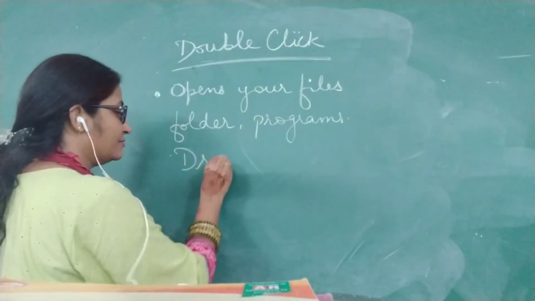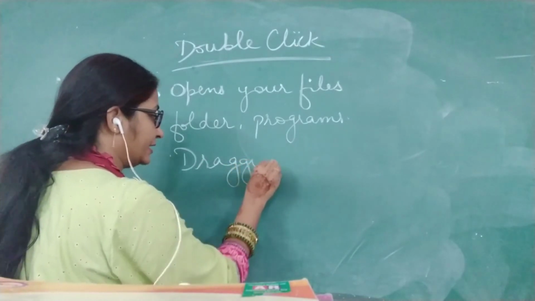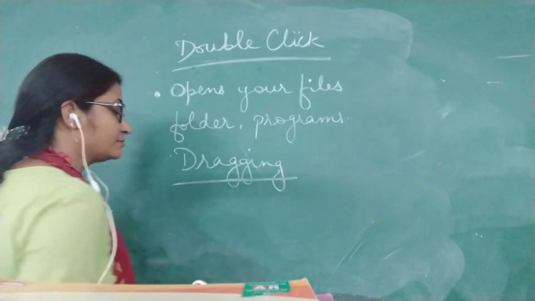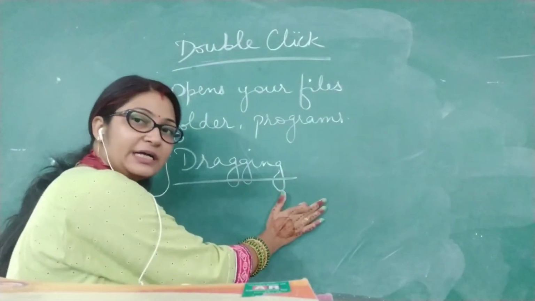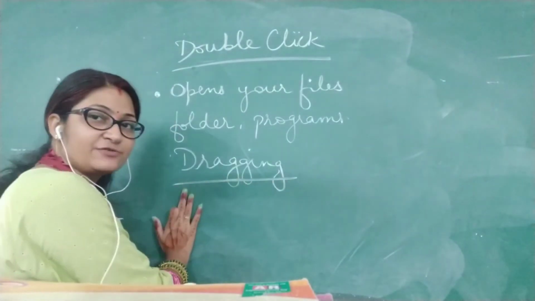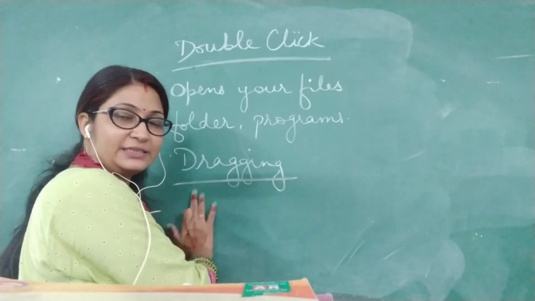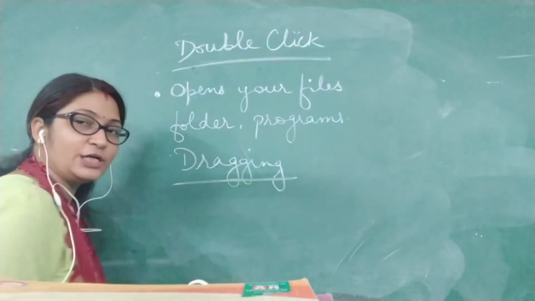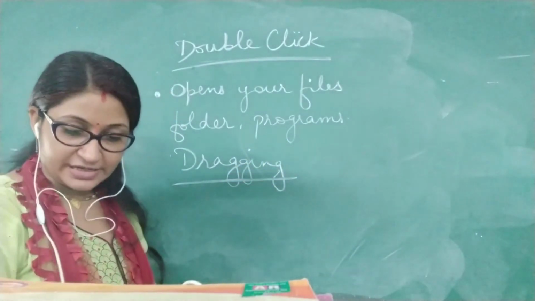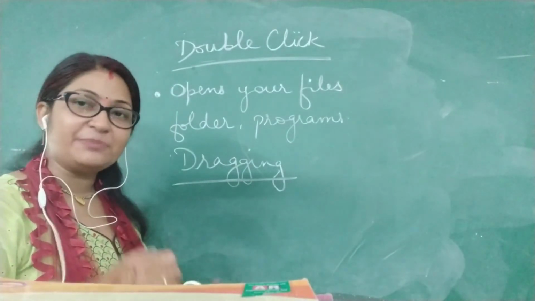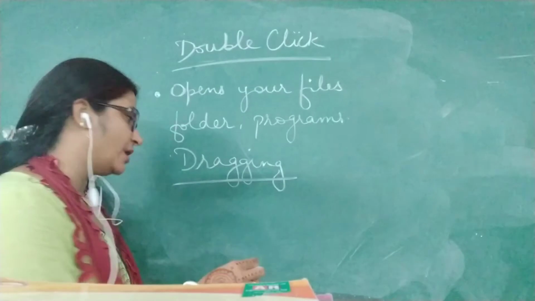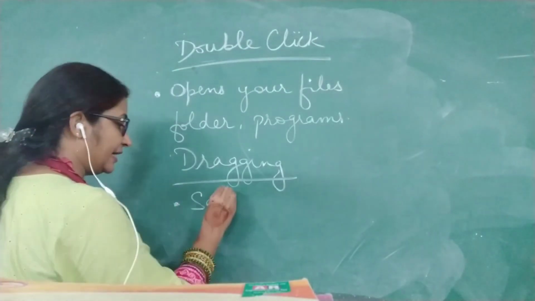Then the next thing is dragging. Dragging means to take something from one side to the other. That is called dragging. So simply, left click on the item, that means select it, and then drag your mouse.